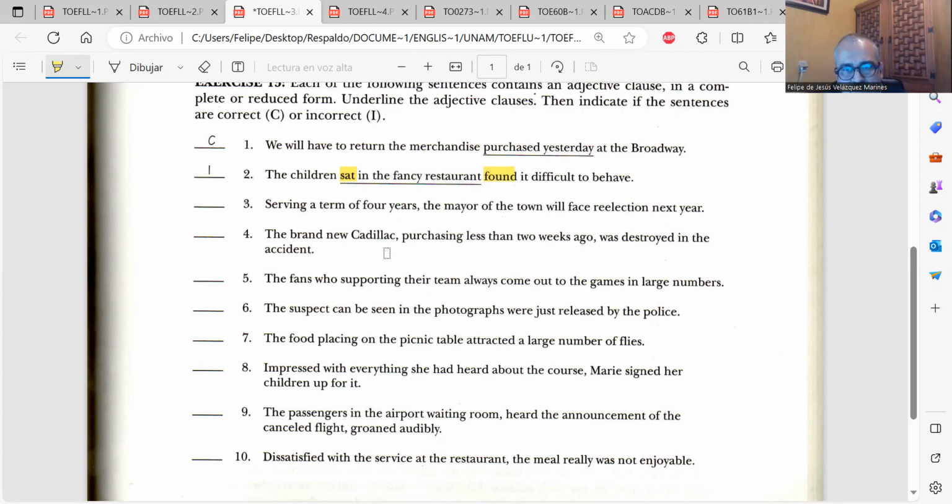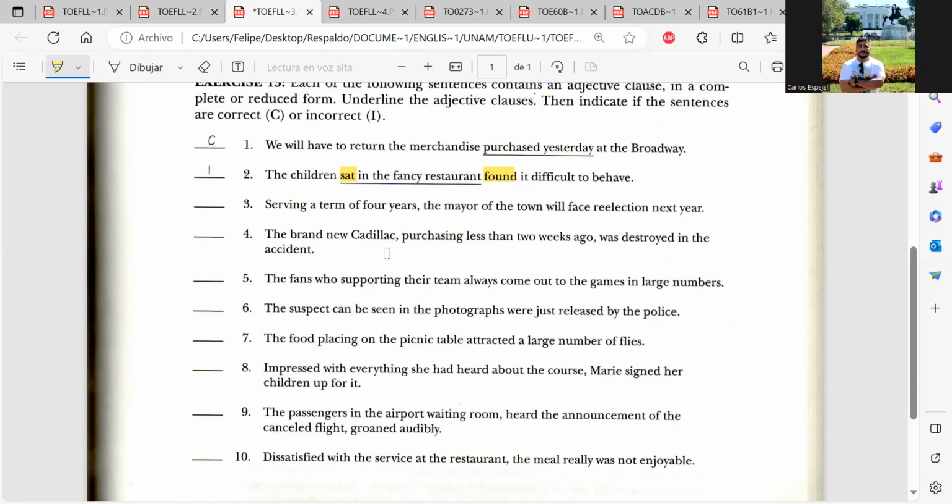The next one, Carlos, number 4. The brand new Cadillac purchased less than 2 weeks ago was destroyed in the accident. I think it is correct because you may say the brand new Cadillac, which was purchased. Okay, so this is passive voice, and not active voice.